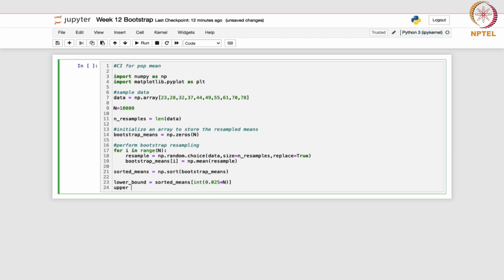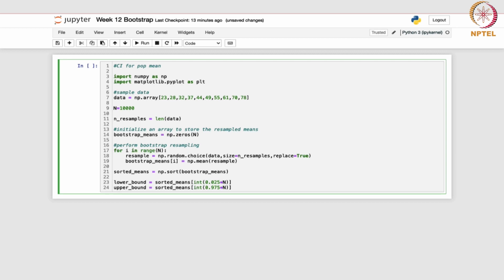Likewise, you can have the upper bound. So what will happen here? The lower bound will be 0.025 and this one would be 0.975, because 97.5% of the points would be below the upper bound.